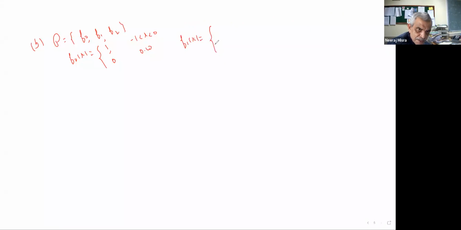F1(x) was 1 if 0 less than x less than 1, 0 otherwise. F2(x) was again 2x if 0 less than x less than 1 and 0 otherwise.